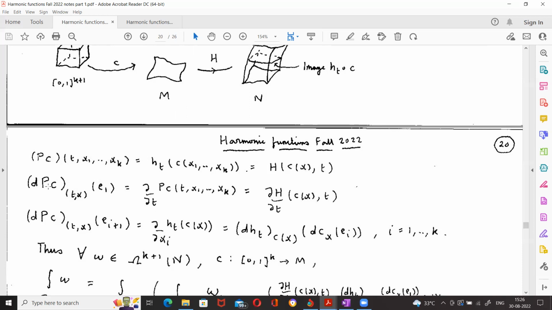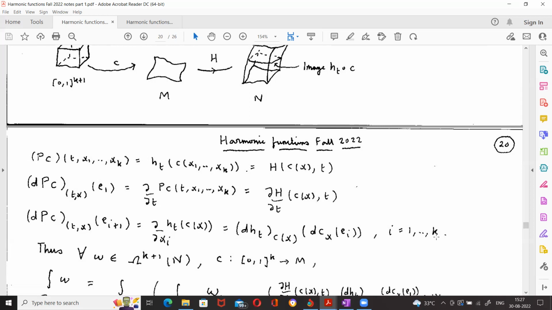Now, what is the derivative dPC at a point (t, x) applied to e1? The e1 direction corresponds to the t variable. So this is del t of PC of t, x1 to xk. So this will become del h del t applied to c of x comma t, right? Yes. Okay. And now, what about the other basis vectors?